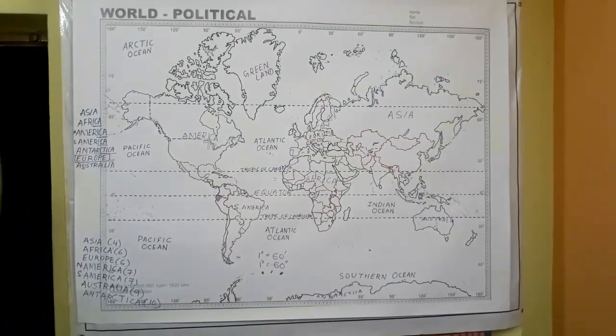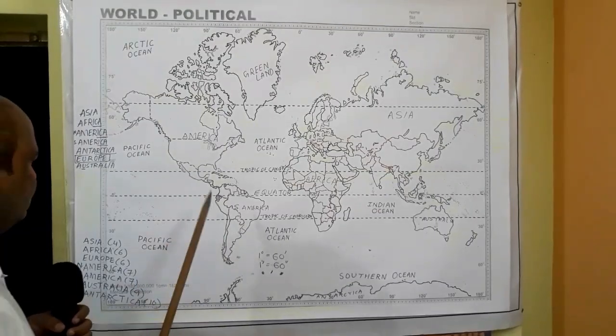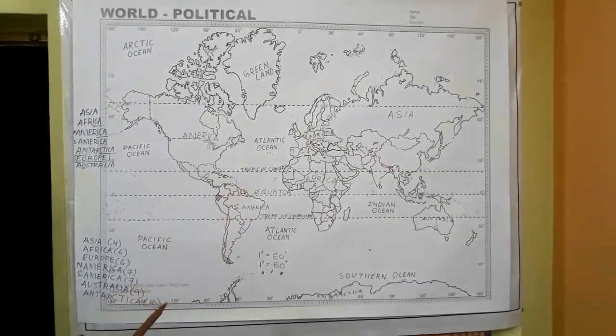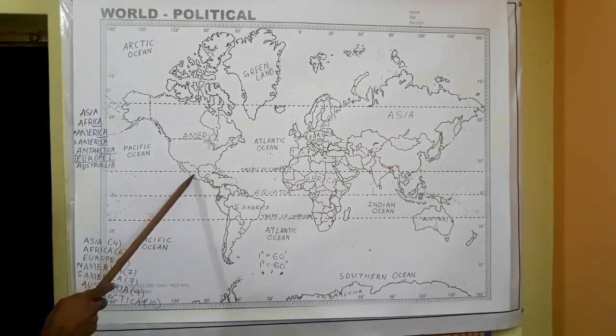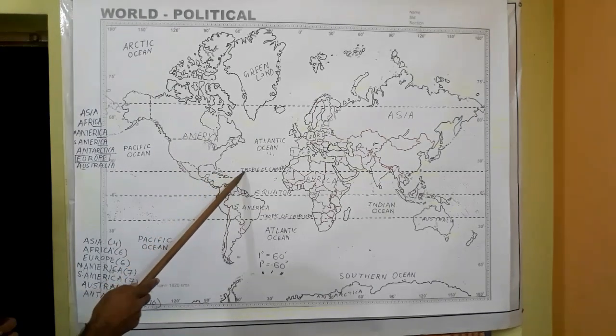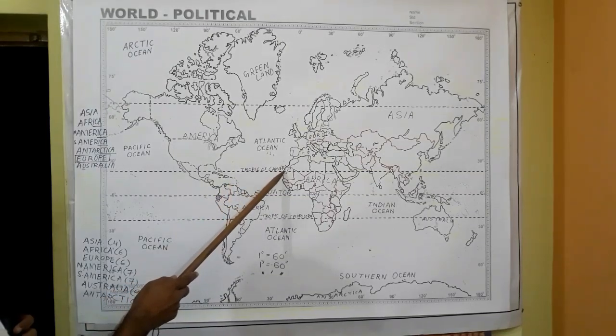Now the next important point is the countries the Tropic of Cancer passes through. In North America it is Mexico, then through the Bahamas islands, then it enters through the Western Sahara region.